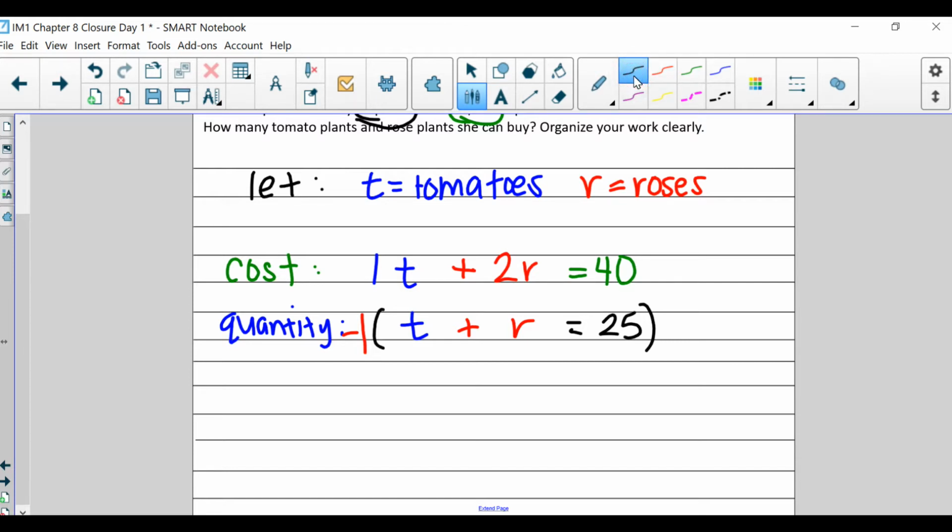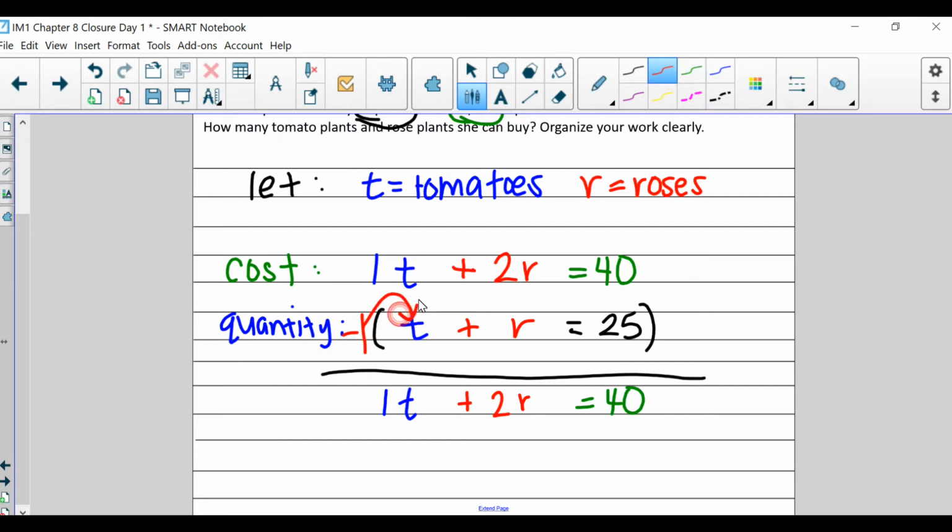I want to make sure this makes a lot of sense to you guys, so I'm going to rewrite it over here, where I'm just going to rewrite 1t plus 2r. I know this seems like a lot of extra work, but it's just so that it's clear for you guys to see, okay? So then I rewrote it.